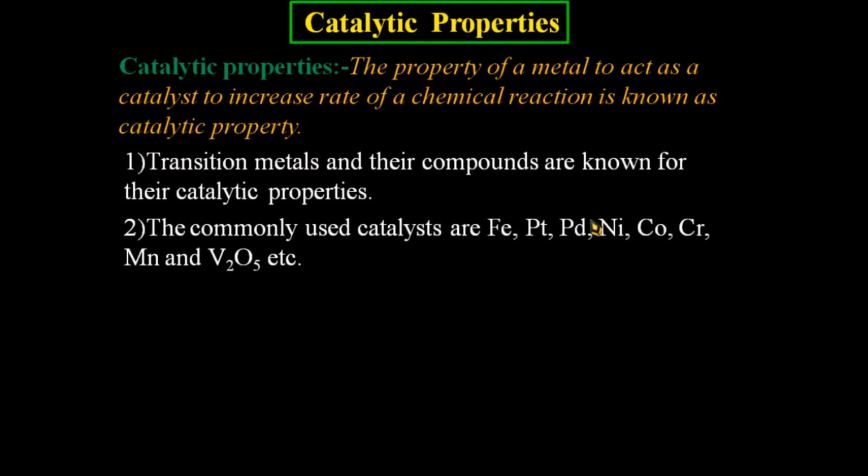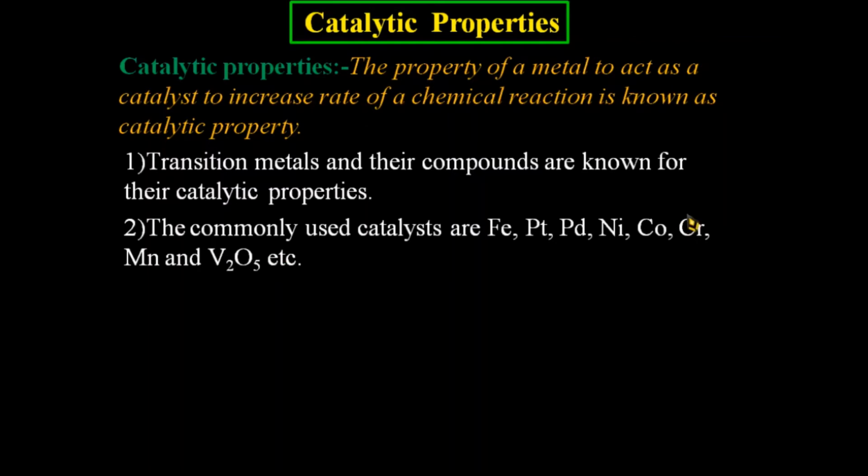Nickel is a well-known catalyst used in the hardening of oil or the preparation of vanaspati ghee, or the conversion of alkenes into alkanes, alkynes into alkanes. This is a common reducing agent, that is nickel. Then V2O5 is used as an oxidizing agent, a well-known example.